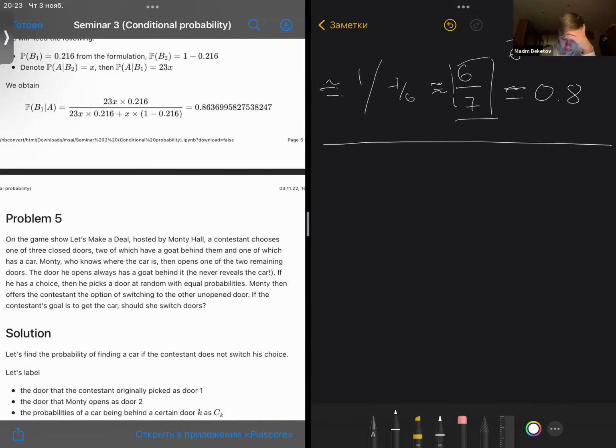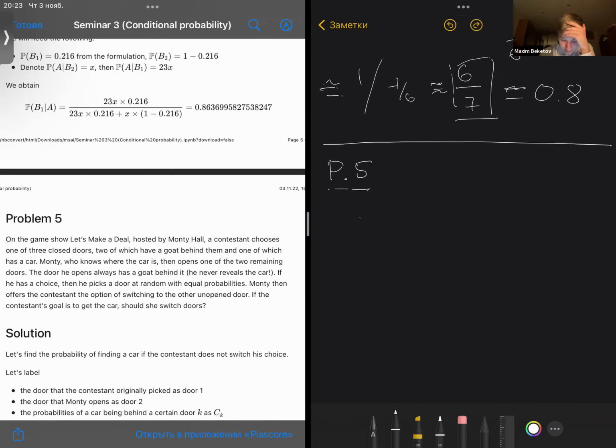And the story is as follows. So this is what you have in theory, right? So you have three doors: door number 1, door number 2, and door number 3. And let's say you picked a certain door. Obviously the order doesn't matter much. Let's say you picked door number 2, okay?